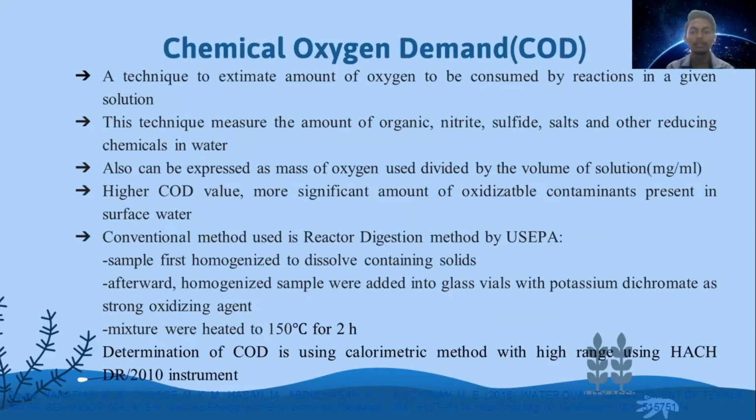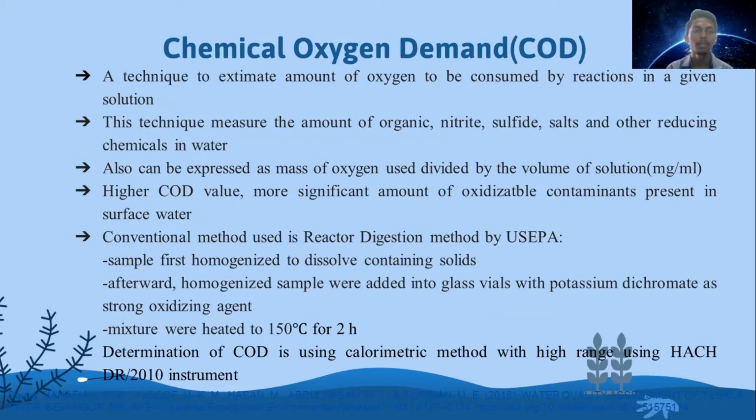The fourth conventional method used by the assessment is the chemical oxygen demand, which is a technique to estimate the amount of oxygen to be consumed by reactions in a given solution. This technique measures the amount of organic matter, nitrate, sulfide, salts, and other reducing chemicals in water.